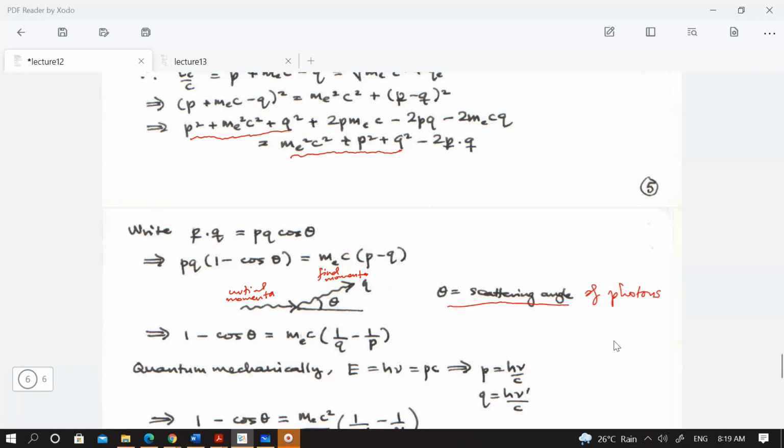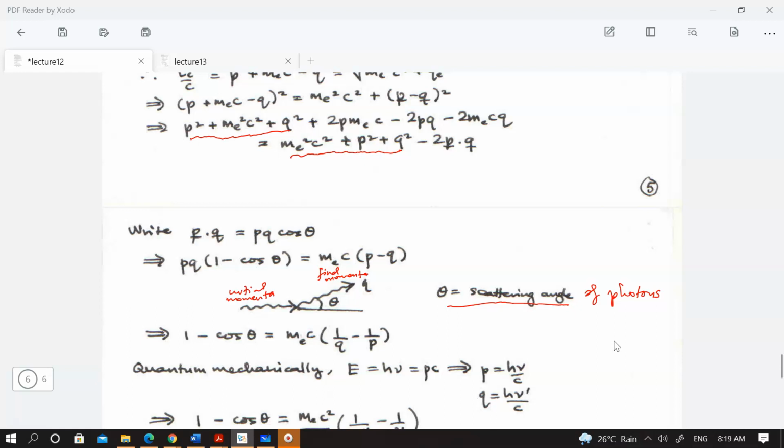Okay, so you write in that sense, and then we plug this into the equation over here. So this becomes PQ cos theta, and then remember that we have another PQ here, so you can bring it to the other side.